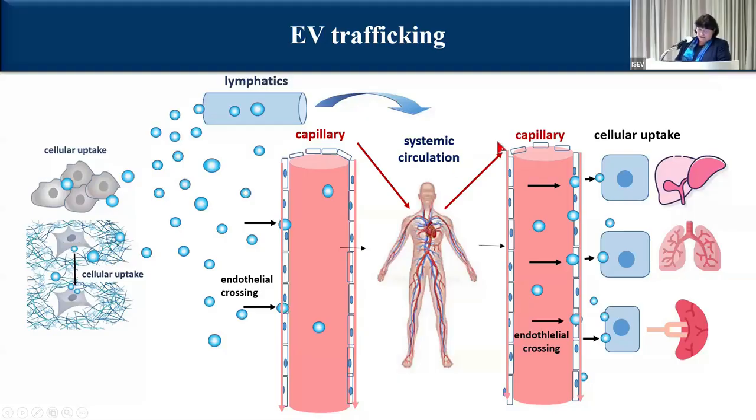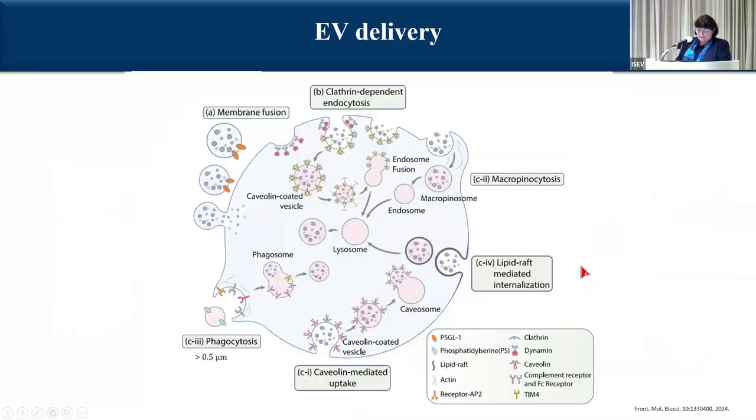And the circulation brings these vesicles through capillaries to different organs like liver, lungs, or spleen, where the vesicles have to go into the different direction. They have to exit the blood vessels. They have to move across endothelia to get out of the blood vessels and reach the cells in these tissues.